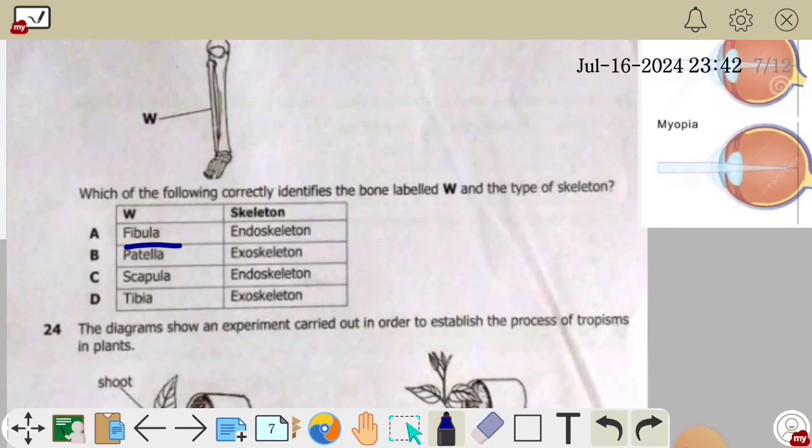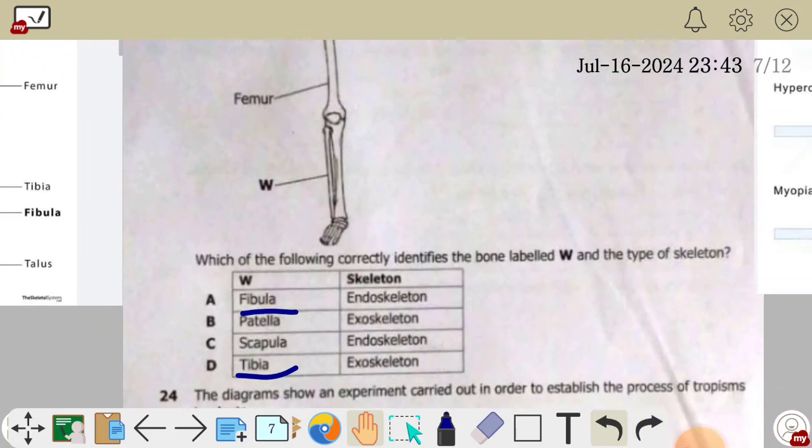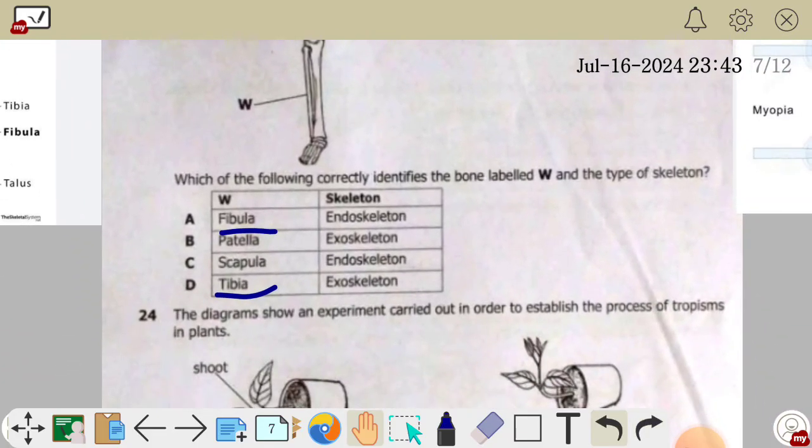The skeleton which is found inside the flesh is the endoskeleton. Exoskeleton is in insects mostly, so that is the fibula, and the tibia is this other bigger bone. So the correct answer here is A, as you can see in this diagram here. So the tibia is this bigger bone and the smaller bone is the fibula. Okay, so the correct answer for question 23 is A.